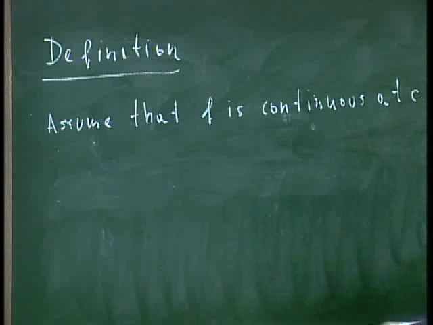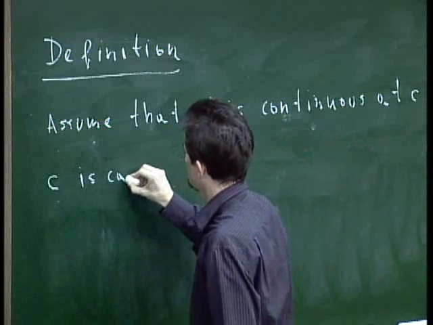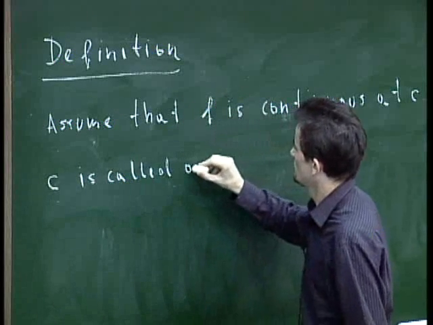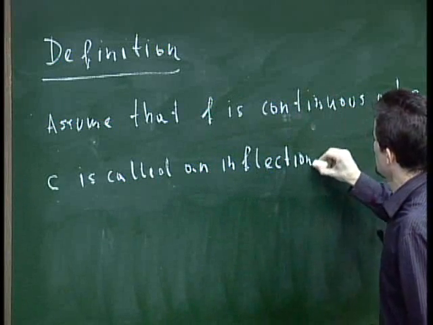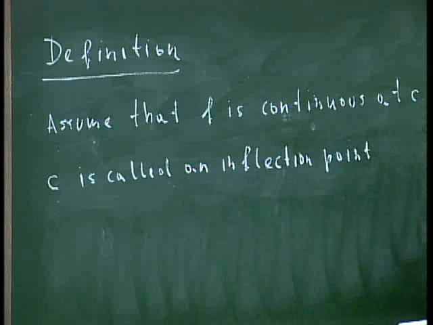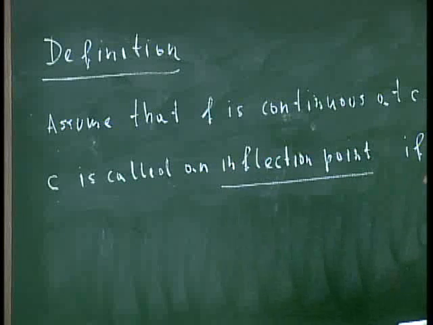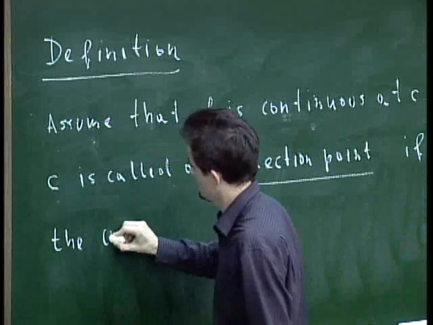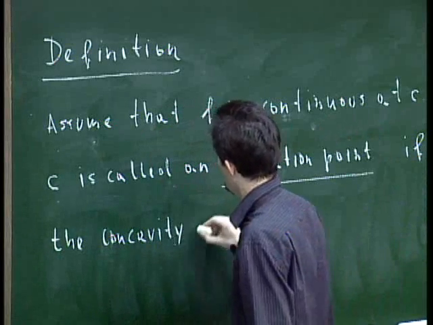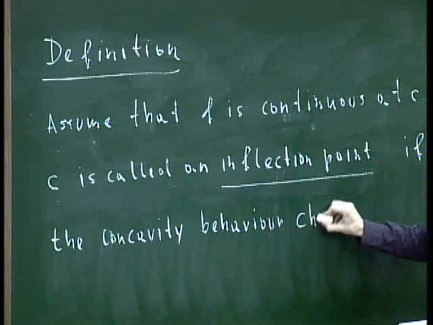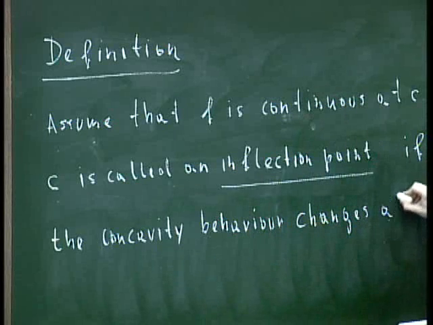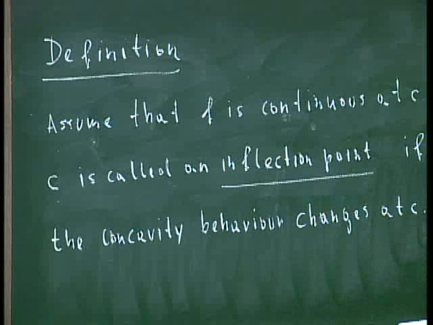Now, c is called the inflection point if the concavity behavior changes, so either from concave upward to concave downward, or from concave downward to concave upward.